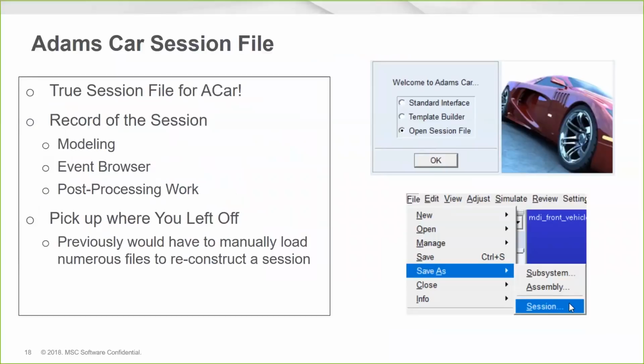So it allows you to pick up where you left off more quickly than before, when you had to manually load a number of files, the assembly file, the results files, and a PLT file to get back to a session where you had a model, or a number of models, with a number of runs completed and a lot of post-processing done on those.